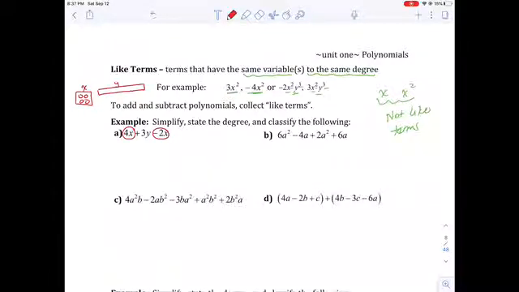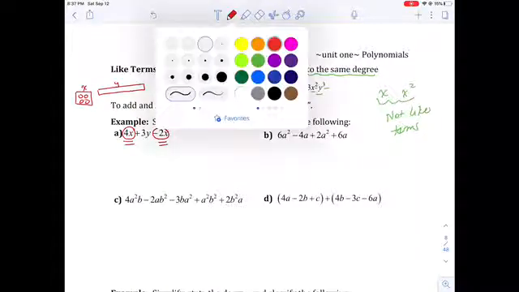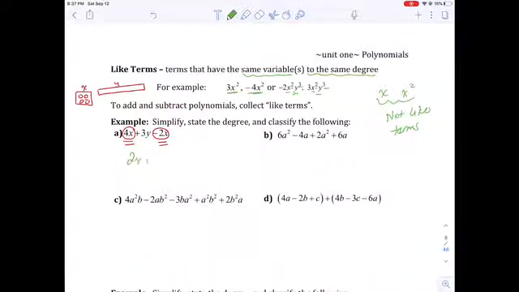I'm going to start with 4x blocks and give 2 away to Tommy. So 4 minus 2, I'm left with 2x blocks, and I'm keeping my 3y blocks. So I've simplified. The degree of this binomial is 1, because the exponents are just 1. And this is a binomial.